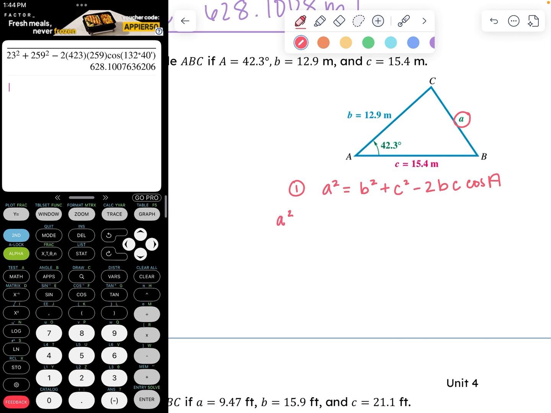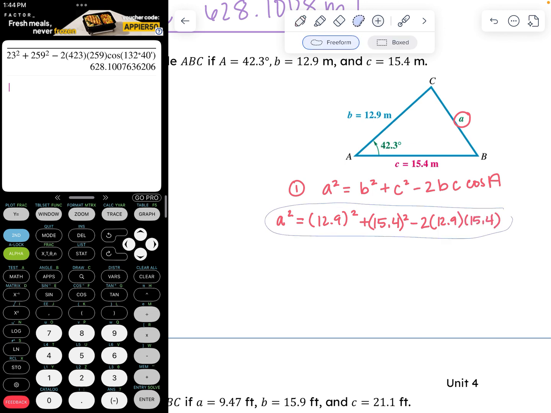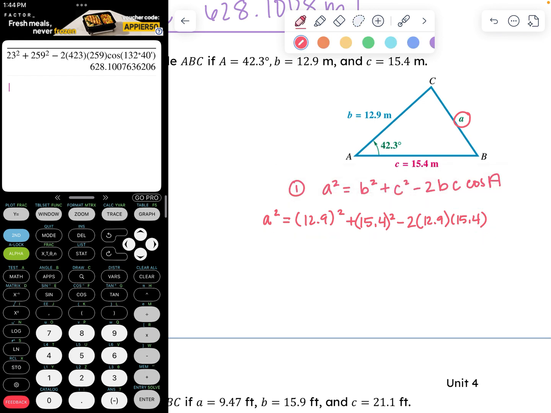So I'm going to say A squared is equal to 12.9 squared plus 15.4 squared minus 2 times 12.9 times 15.4, scoot it over a little bit, times the cosine of 42.3 degrees.